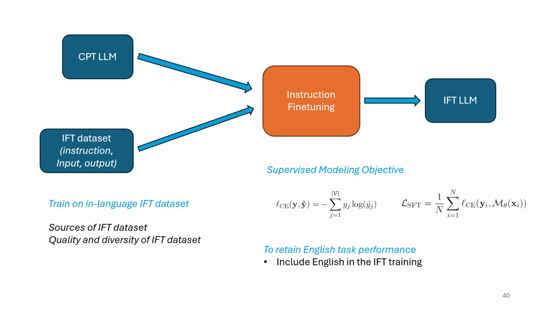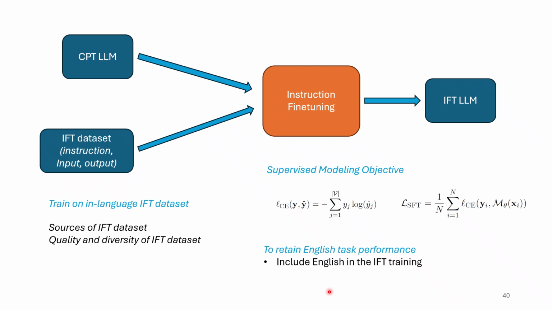So that's an example of a typical example in an instruction fine-tuning data set. You would want to train on an in-language instruction fine-tuning data set, and the training objective is typically a supervised objective: to maximize the probability of the output given the input and the instruction.